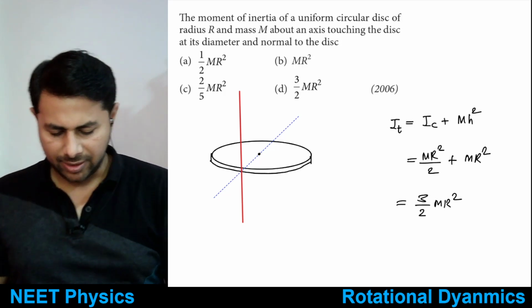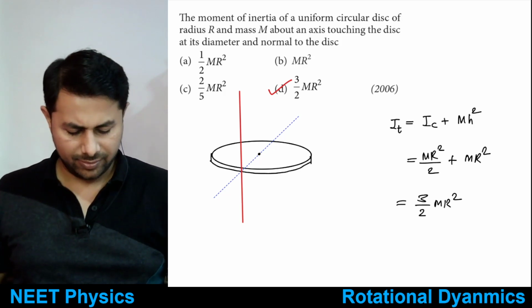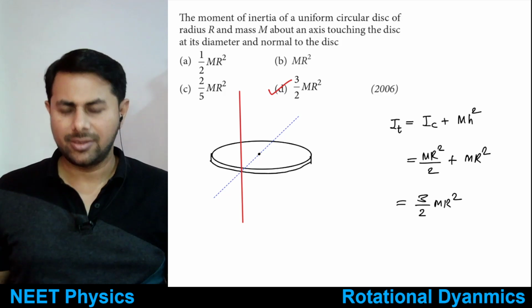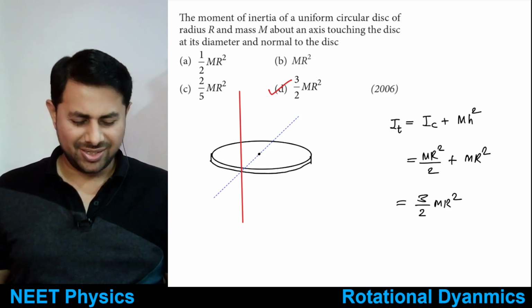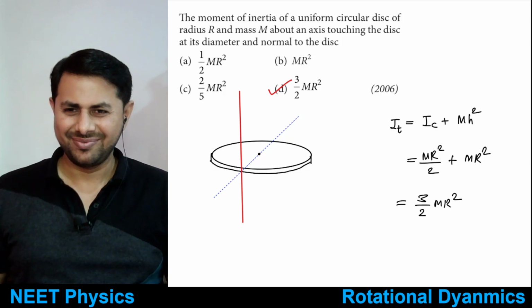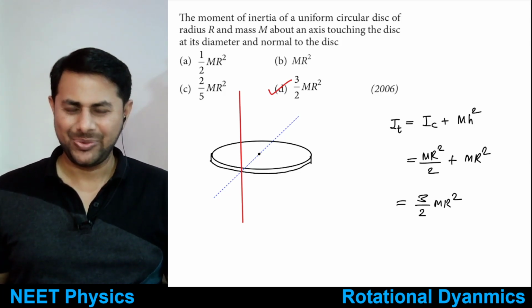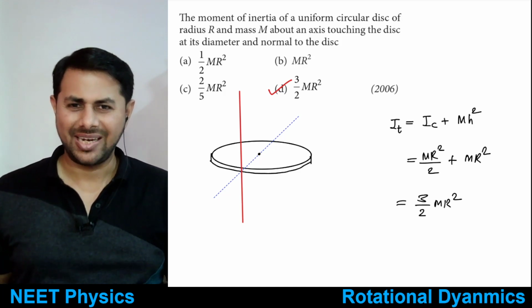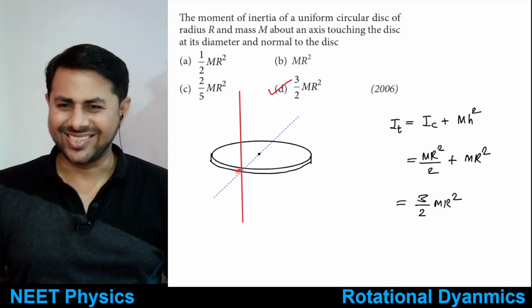So maybe they are asking about this axis only, so it will be option D. Right, so this thing is clear. Or does somebody have any other opinion about this one? Anybody? Bhanu, Yamini, or anybody? What do you think? Is it this axis or something else?